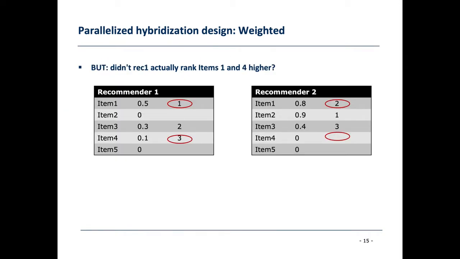So the problem with this is that Rec 1 never did actually, it has rated items 1 and items 4 higher that recommender 2 didn't do.